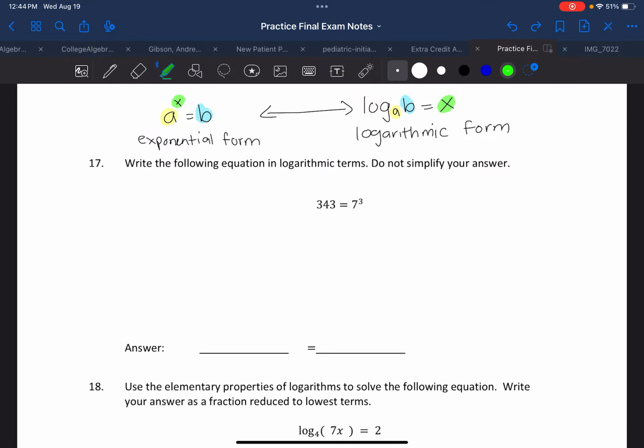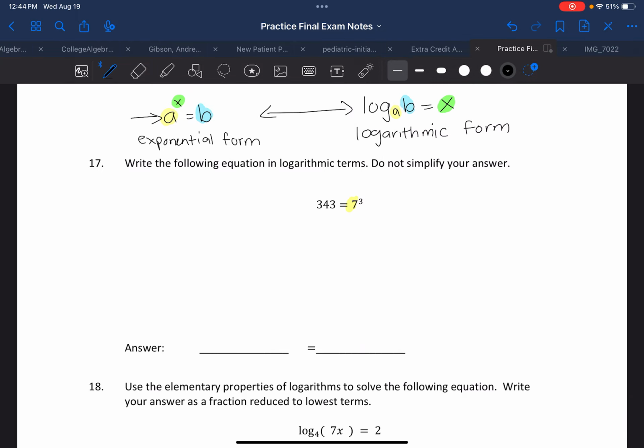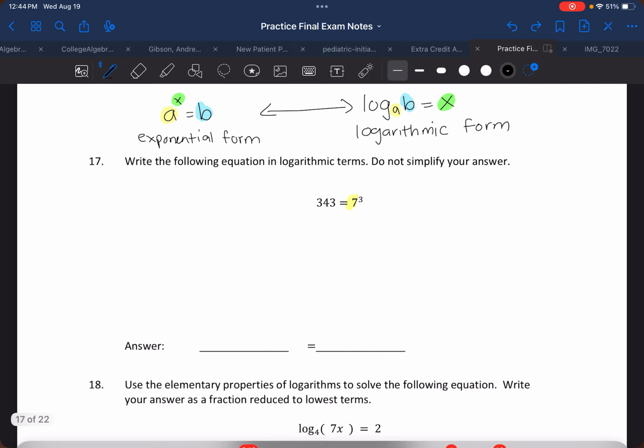So that's technically my a in this exponential form up here. So that's going to be the base of my log. So I would start with the base. You always start with the base. It'd be log base 7.